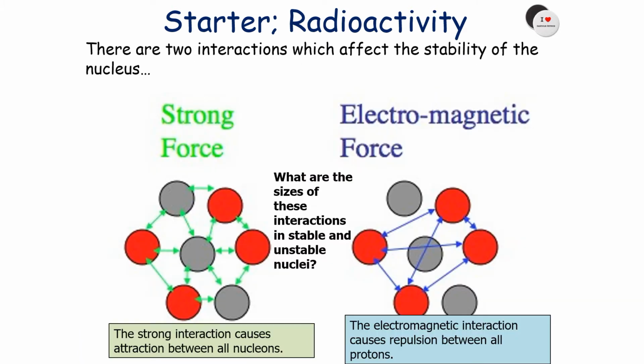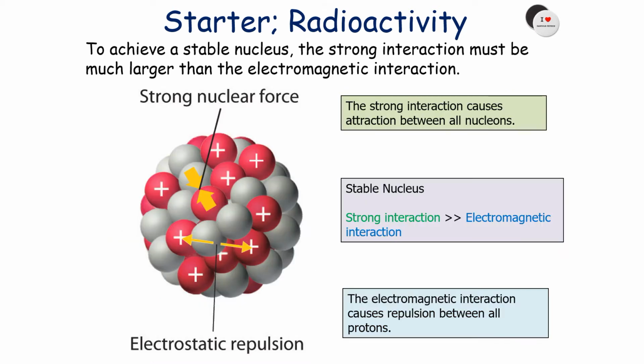There are two interactions which affect the stability of the nucleus: the strong interaction, which causes attraction between all the nucleons, and the electromagnetic interaction, which causes repulsion between all of the protons. But what are the sizes of these interactions in stable and unstable nuclei? To achieve a stable nucleus, the strong interaction must be larger than the electromagnetic interaction.